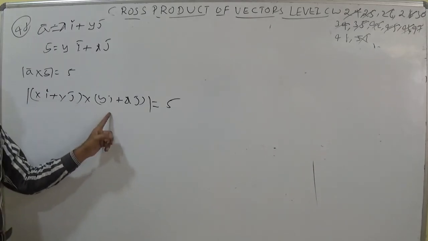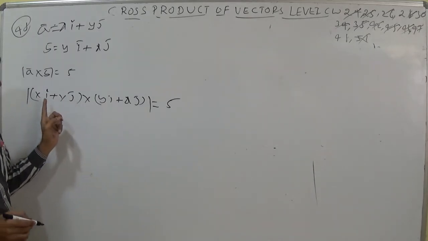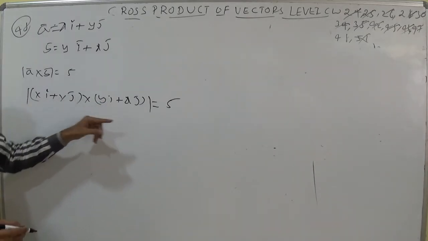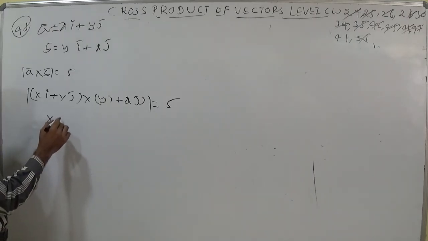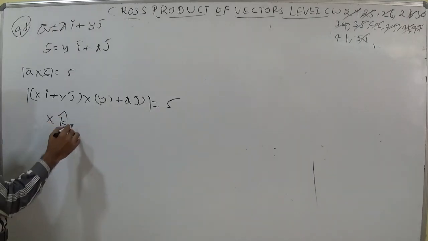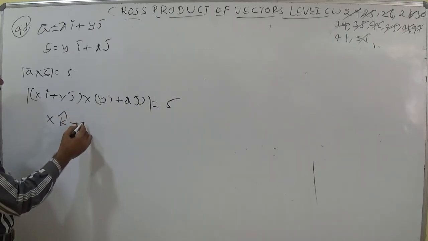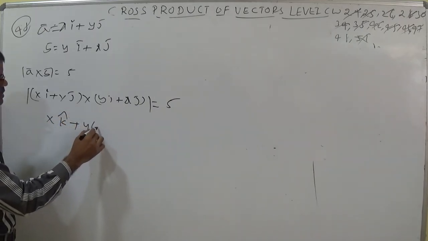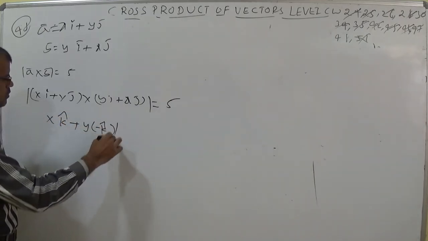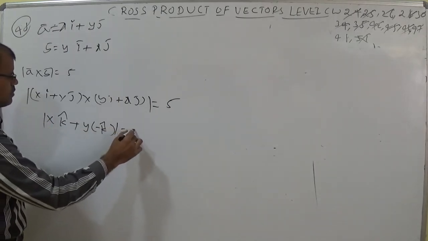I cross I becomes 0. Then I cross j becomes k, so xk plus y into j cross I, and j cross I means minus k. So the magnitude is equal to 5.